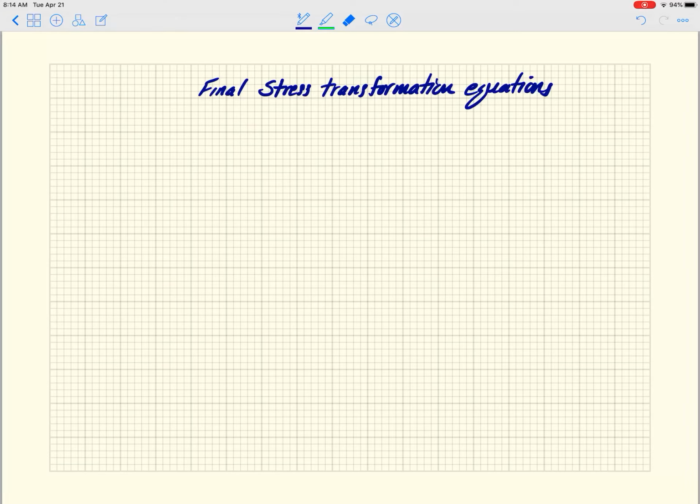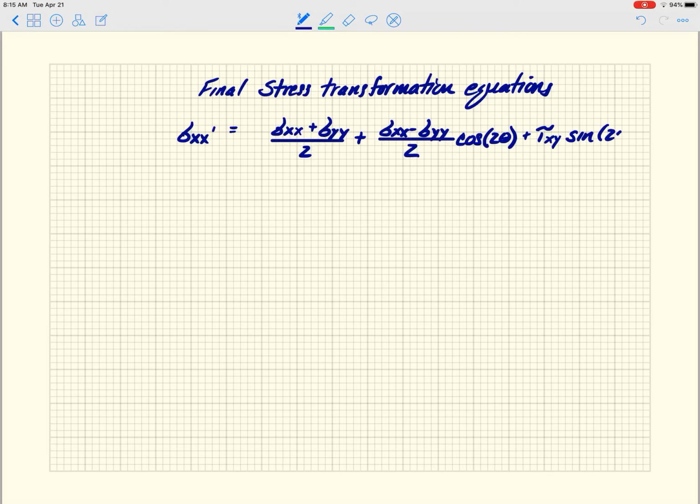Let me rewrite that so they're not falling off the page, because I know when people come back to look at this, they're going to want it a little neater. So sigma xx plus sigma yy divided by 2, plus sigma xx minus sigma yy, again divided by 2, times cosine 2 theta, and then plus tau xy times sine of 2 theta. So that's my sigma xx prime.